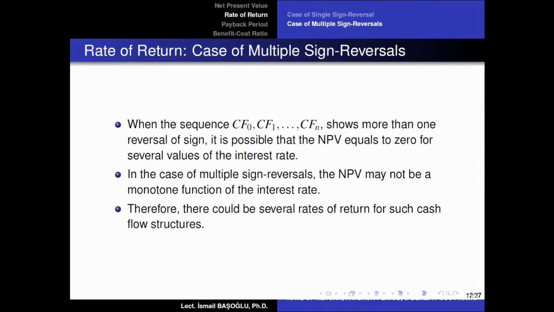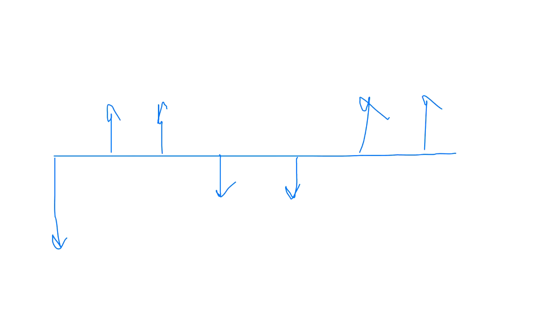So let me explain what that means. Let's just say we have a cash flow diagram like this. Initially we have a negative cash flow, then a positive cash flow, then again a negative cash flow here and positive here. You see there is a sign reversal here, another sign reversal here, and another here.